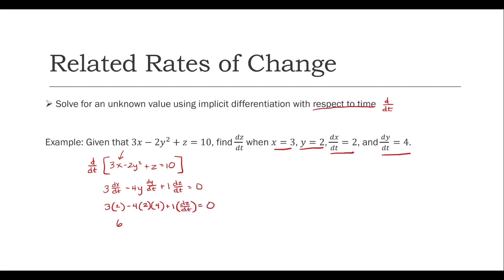So we have 6 minus 32 plus dz dt equals 0. 6 minus 32 is negative 26. So we have negative 26 plus dz dt equals 0. So if we add 26 to both sides, we get that dz dt equals 26. So that's how your related rates of change work.